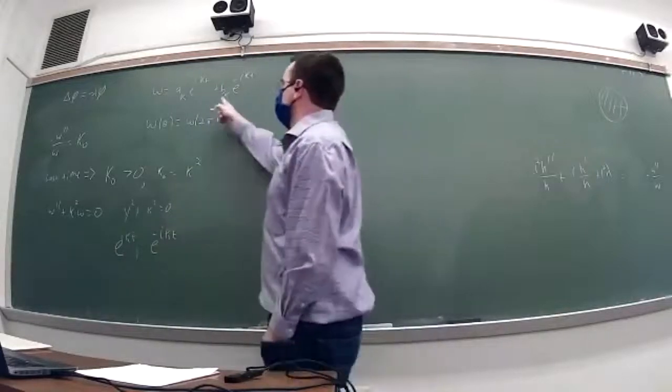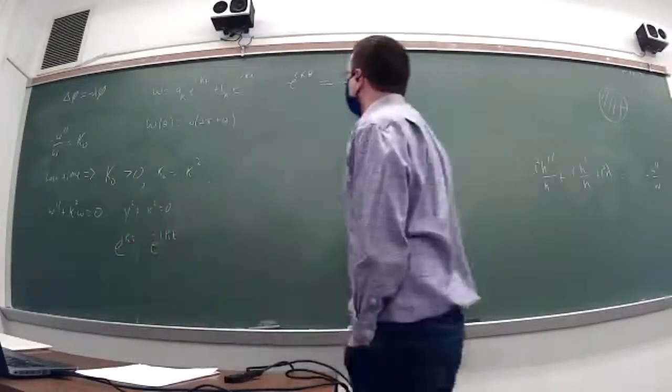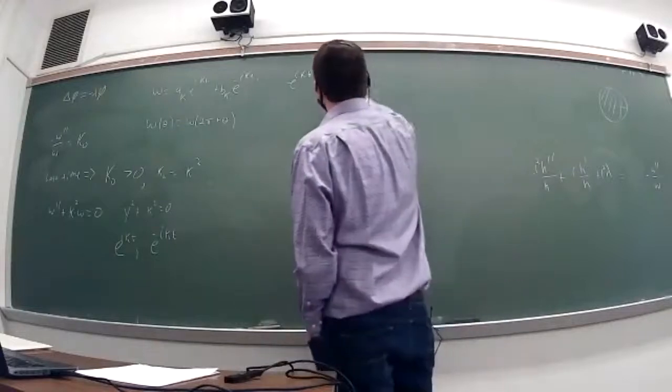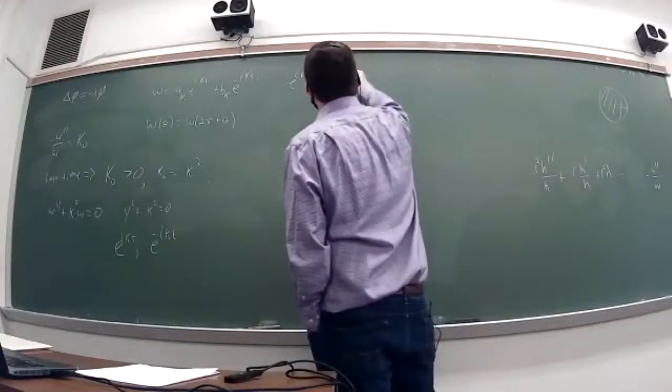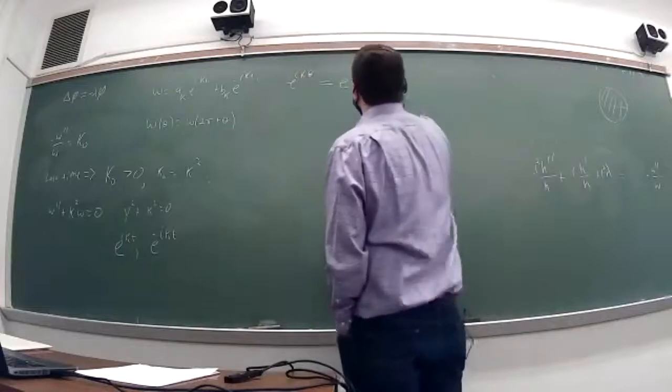You could take lots of things for omega, but let's take this for omega. And then this has to be equal to e to the, plug in theta plus 2 pi.